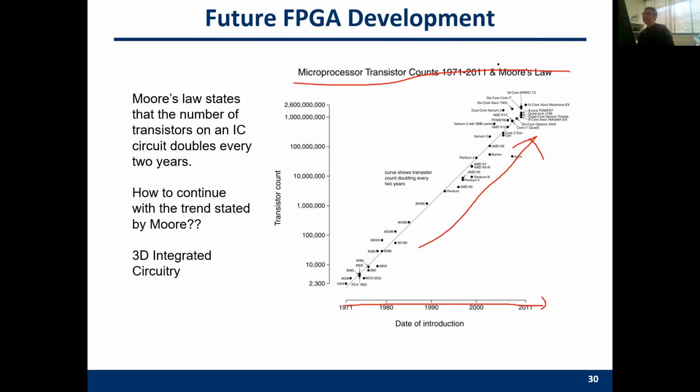But again, it's really difficult for us to integrate more and more transistors onto the same die. This is because it's difficult to fabricate so many transistors uniformly on the same die. This is the first issue. More importantly, the second issue is the power consumption.